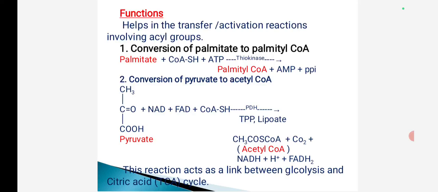Here pyruvate reacts with NAD, FAD and coenzyme A in the presence of pyruvate dehydrogenase enzyme to produce acetyl-CoA, carbon dioxide, and the reduced forms NADH and FADH2. This reaction acts as a link between glycolysis and the TCA cycle.